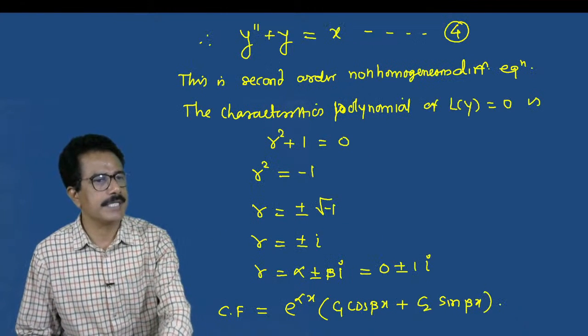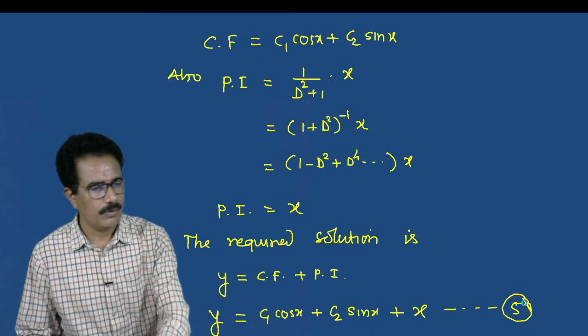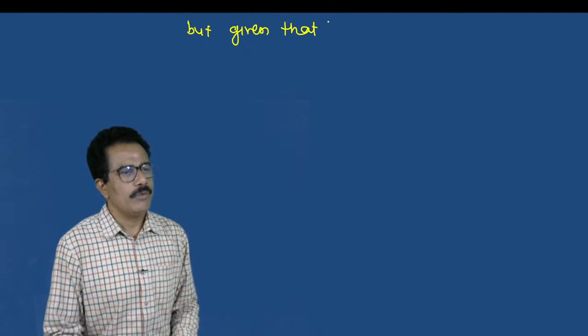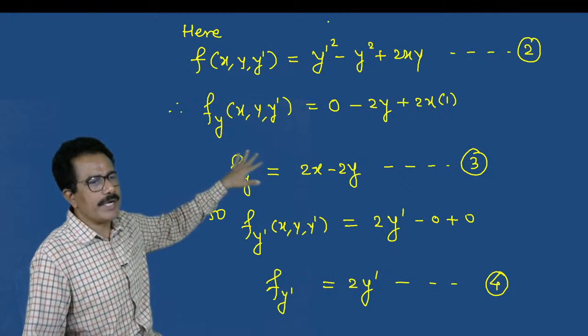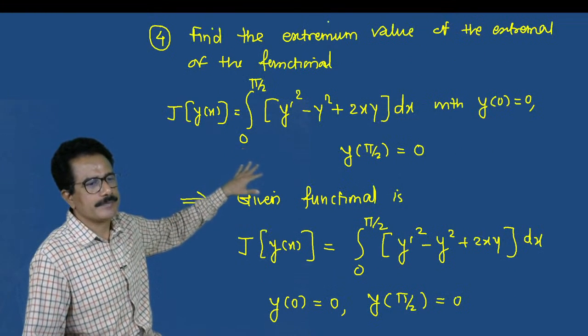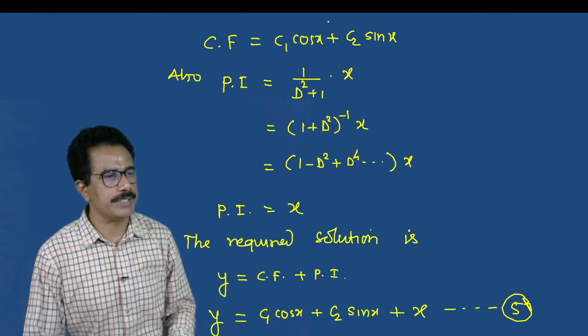Suppose we consider this equation as 5. Given that we have the boundary conditions, which are y of 0 is equals to 0, y of pi by 2 is equals to 0.